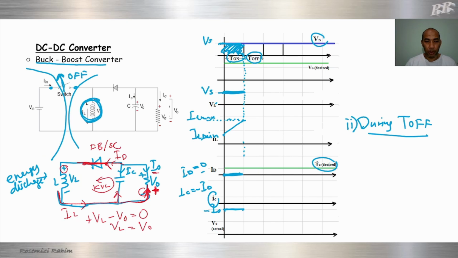So we have to change the polarity of the voltage, and it will be like this. So VL will be minus Vo.